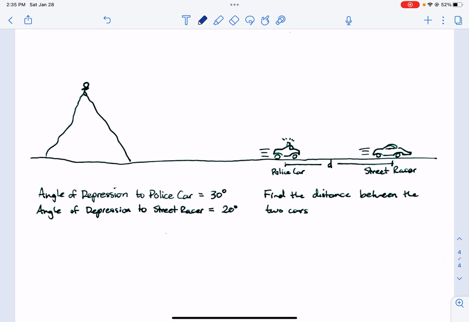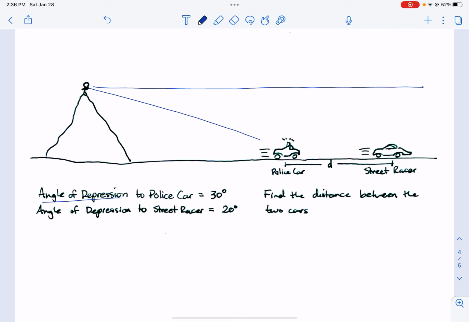We have an angle of depression to the police car of 30 degrees, right? Now remember what that means, angle of depression. It means if you're looking straight forward, it's how much you have to rotate your head down to look at something, right? So if I have a little horizontal line that's parallel with the ground, right, that's looking straight forward, to look down at the police car, something like this, that is my angle of 30 degrees.